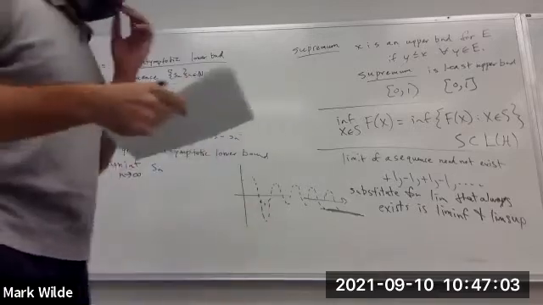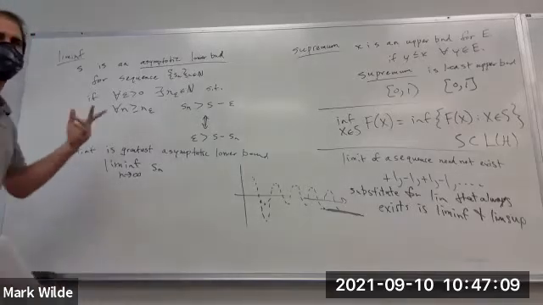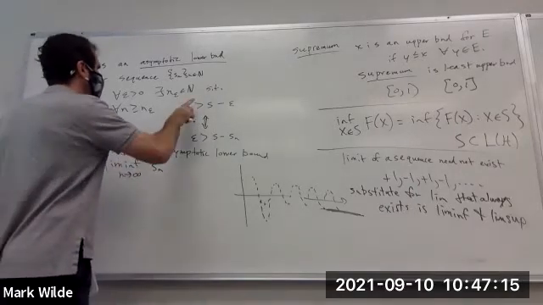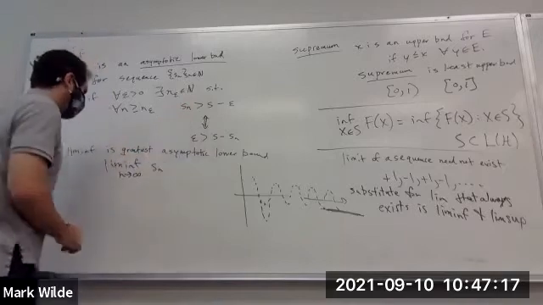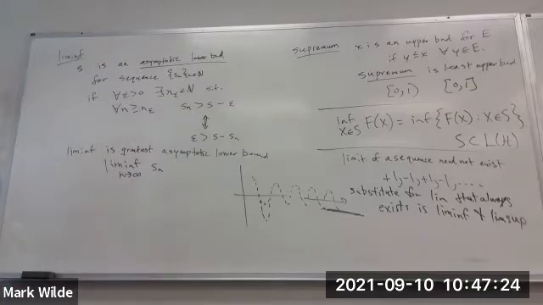Okay. There's a similar thing. You flip everything around, and you get lim sup, limit superior. So if I flip it around, I think it's just these. I'll write the definition. Any questions about this? Yeah.